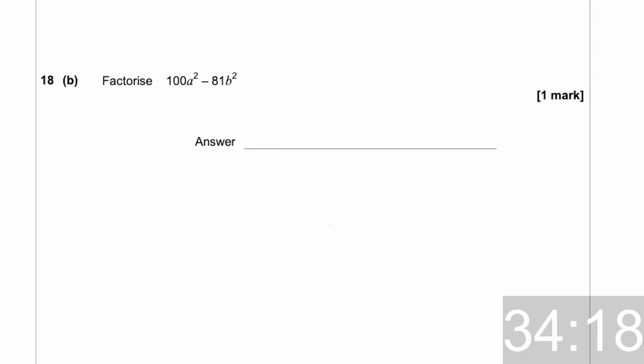And now factorising. Right, so that was A. And then B, we want to factorise 100a squared minus 81b squared. Nice. Difference of two squares again, because this is just 10a all squared minus 9b all squared.